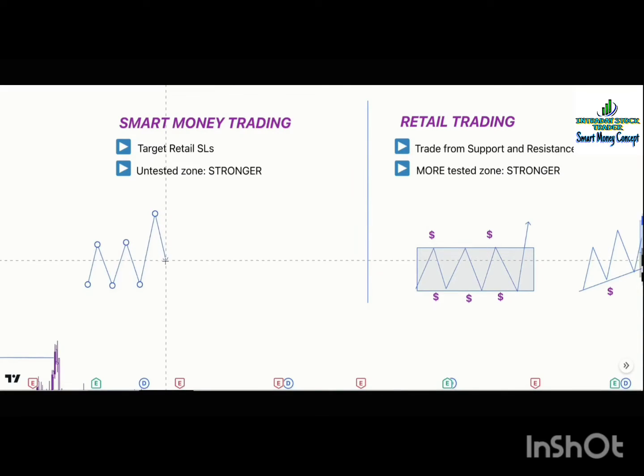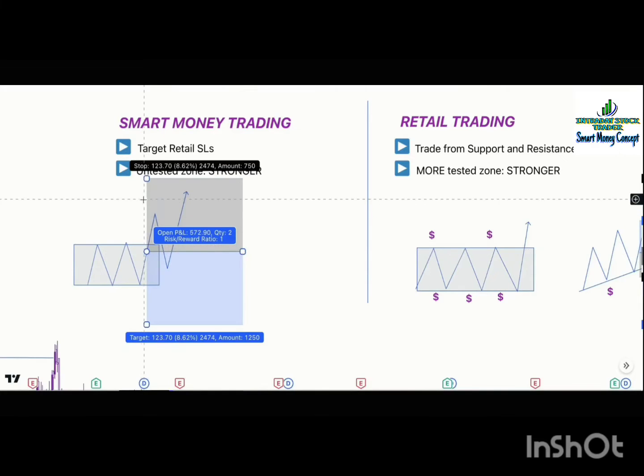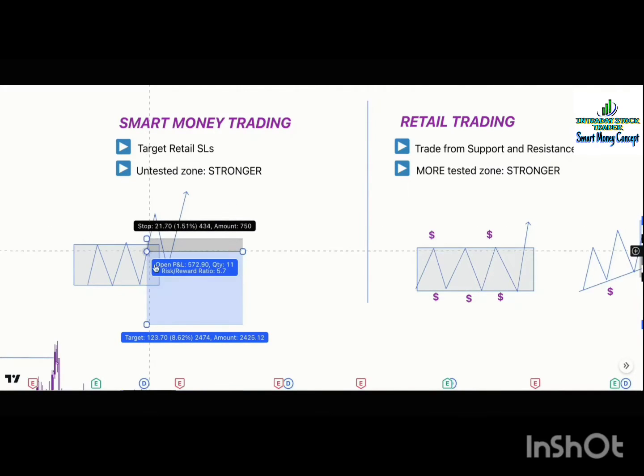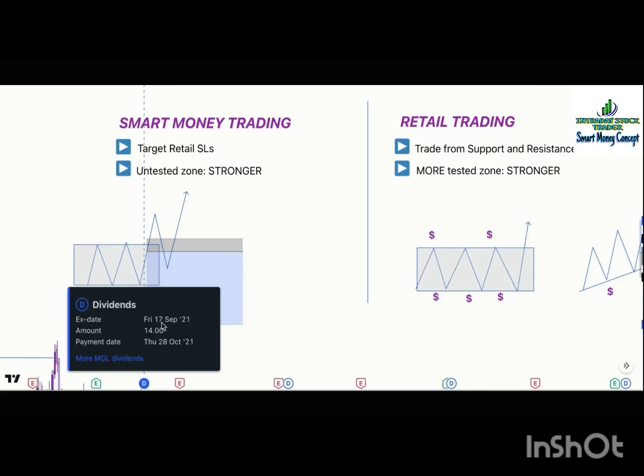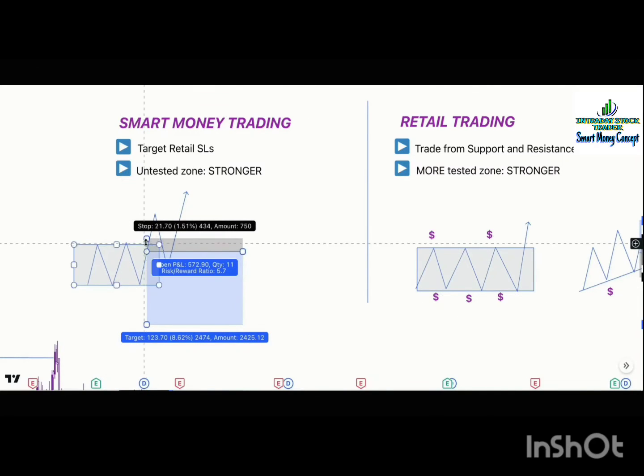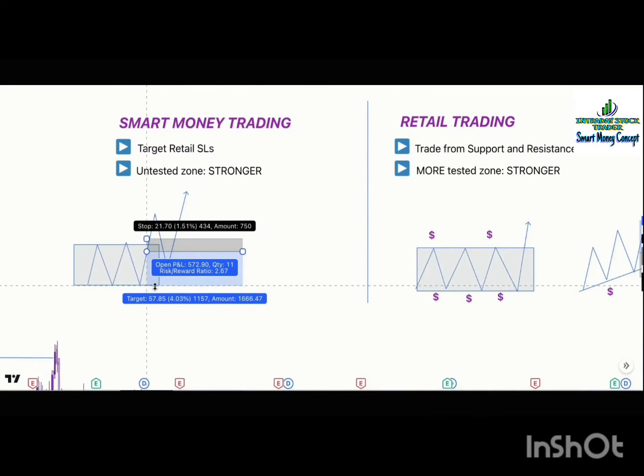The price comes back to test the untested zone or unmitigated order blocks here, and then the price shoots up. So as a retail trader, what you have done is you put your trades here, you might have put your stop losses below it, you might have put your stop losses above it, targeting this level.